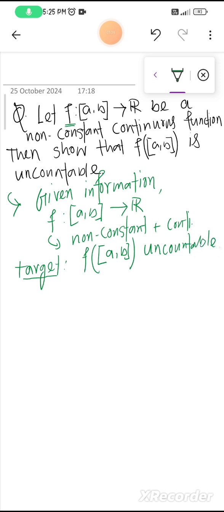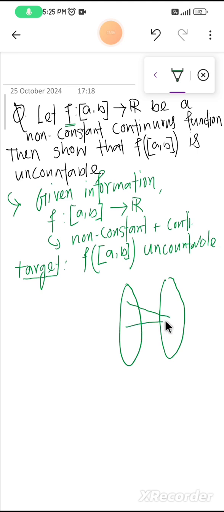Now, what is the definition of a constant function? If we take, this is domain, this is our codomain. The picture of a constant function looks like this. So here, given that the function is a non-constant function, in the domain there are at least two members.